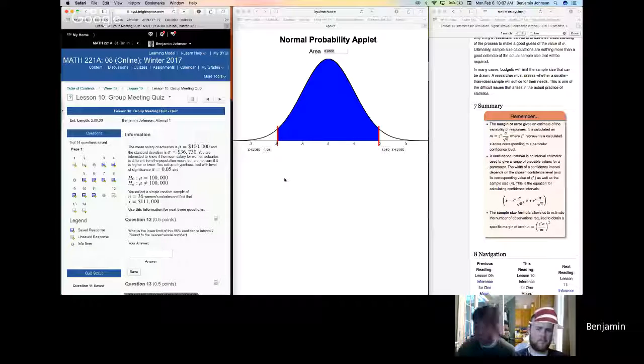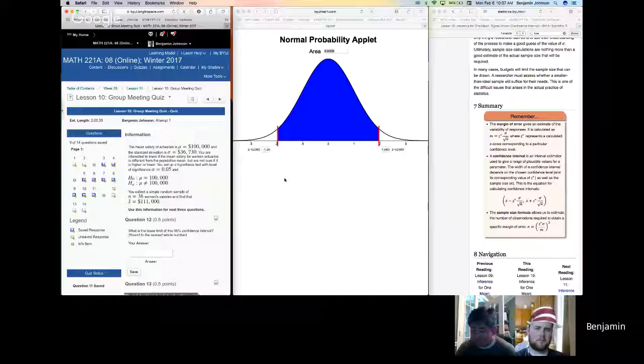So we have to calculate M first, right? 1.960 times 36730 over 36.